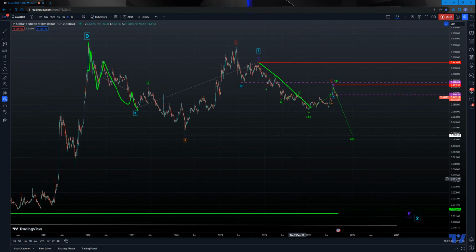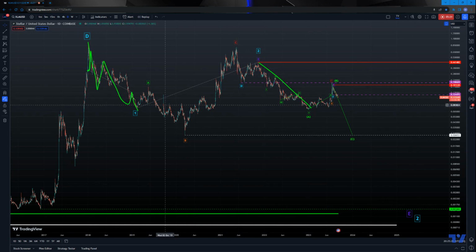similarly to XRP, we're going to see a bounce for wave 4 that more than likely will be a fairly sharp bounce or thereabouts, because it's basically alternation between waves 2 and 4.